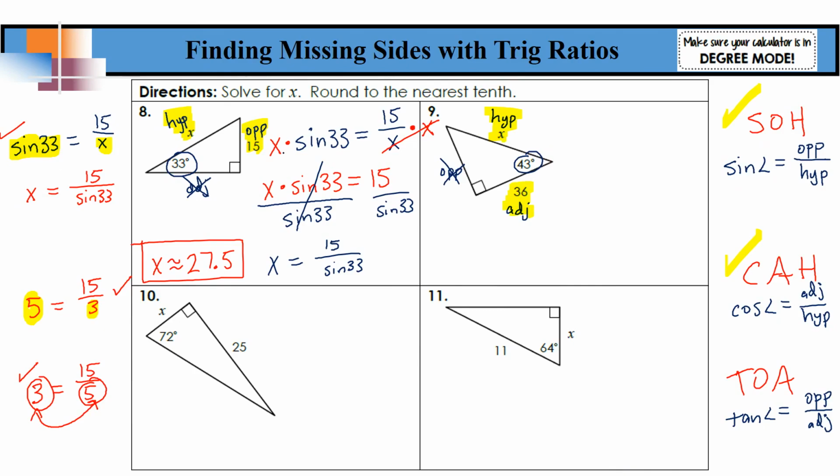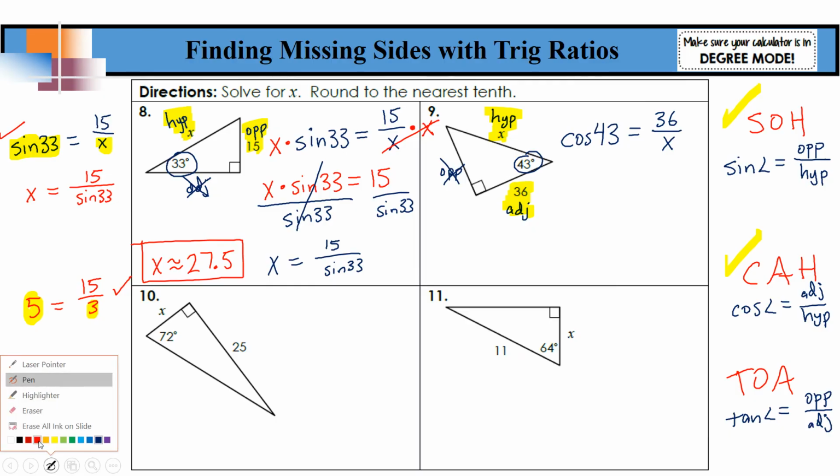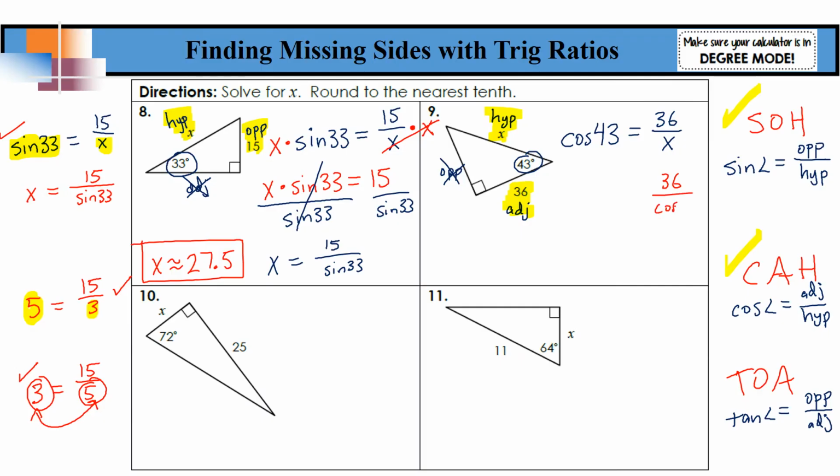Well, let's do that. We can now say cosine of 43 degrees equals the adjacent side, 36, over the hypotenuse, which is x. Let's use the rule we just learned, right? If 36 divided by x equals cosine of 43, then 36 divided by cosine of 43 will equal x.